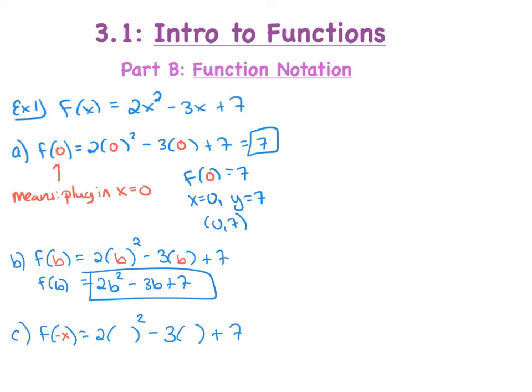And into those parentheses, I'm going to put whatever's inside the f of notation, so negative x in each one of those. Okay, simplifying that, because that does simplify a little bit, f of negative x quantity squared is just x squared, so 2x squared. Negative 3 times negative x is positive 3x, and then plus 7. Okay.